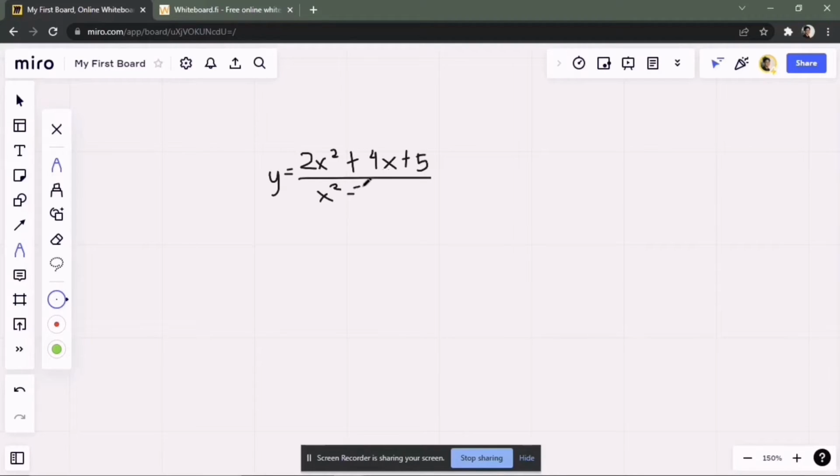As we can see, the degree on the top or the numerator is 2 and the degree of the denominator is also 2. Now we need to use the 2 and the invisible 1. We will divide it. 2 divided by 1 is 2, which means the horizontal asymptote will be found at y equals 2.